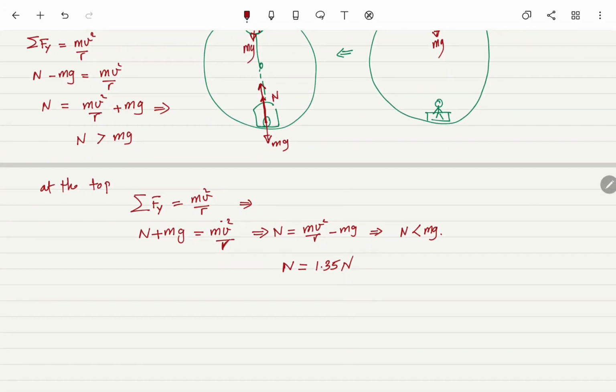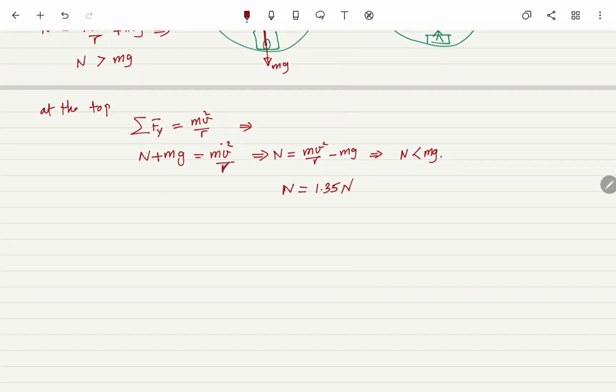In this case, the normal force should be greater than 0, but as we found before, the normal force equals mv squared over r minus mg. So mv squared over r minus mg has to be greater than 0.